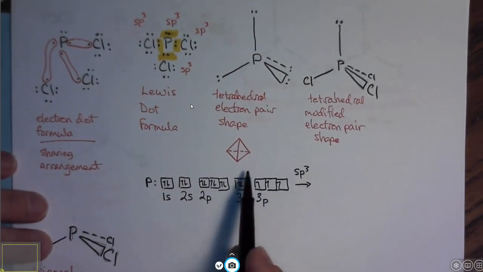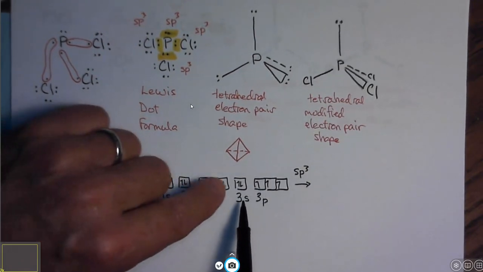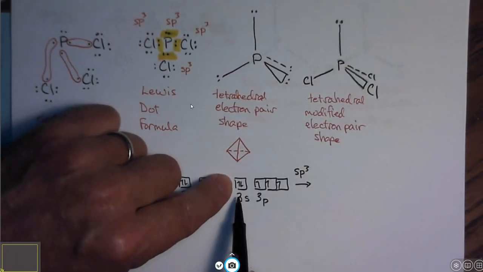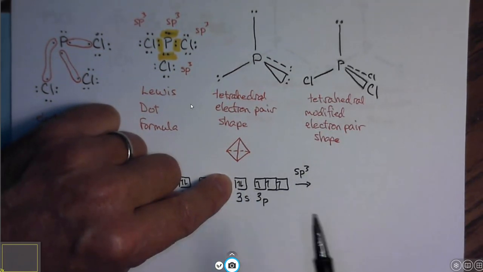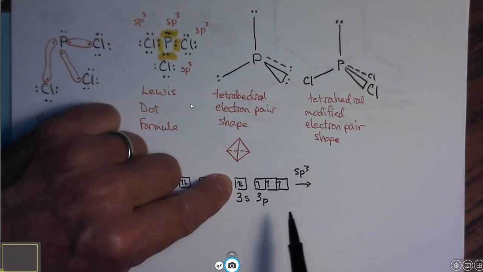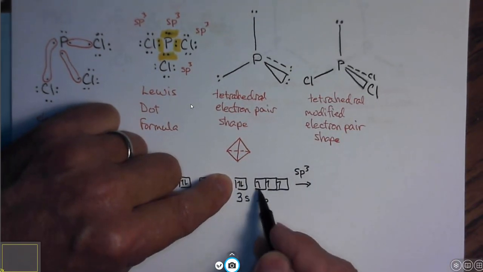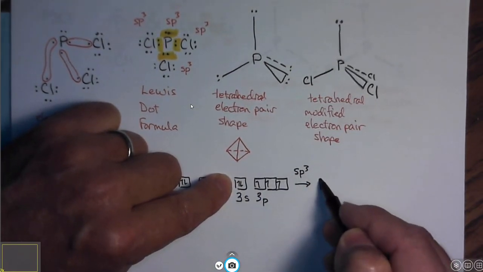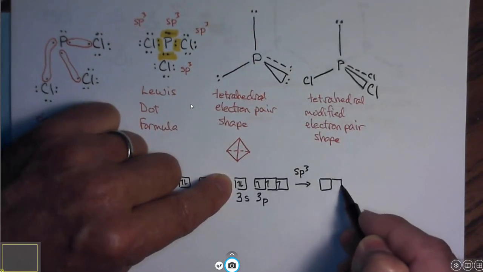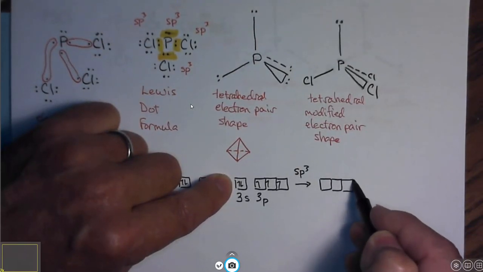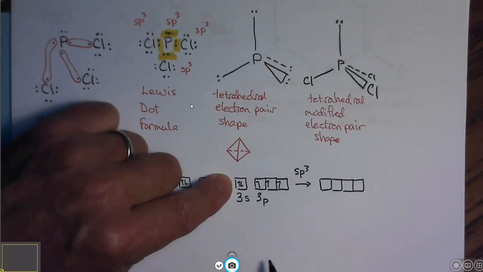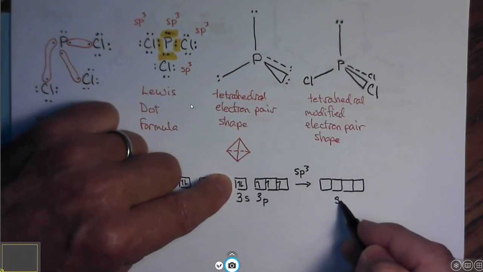We're only talking about the valence level, so this is the valence orbital we're going to hybridize. The p3 means I have 3 p orbitals that I'm hybridizing. That's 1, 2, 3, 4 orbitals. We put 4 orbitals together, and that hybridized set of orbitals is called sp3.